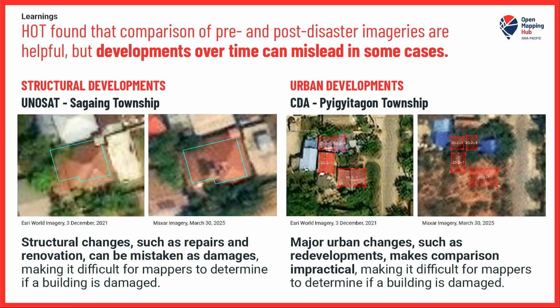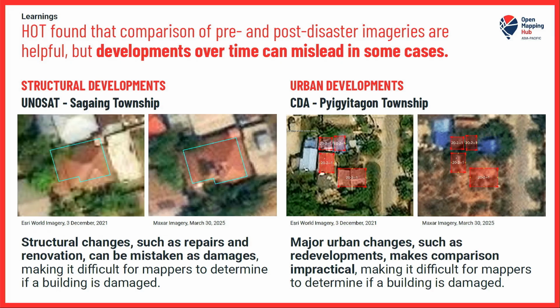And actually, this is very important because if we are mapping with volunteers that have no local knowledge, for example, this one, structural developments. So for this building on the left side, you can see that there was a change on top of it. And actually, the AI models detect it as damage.